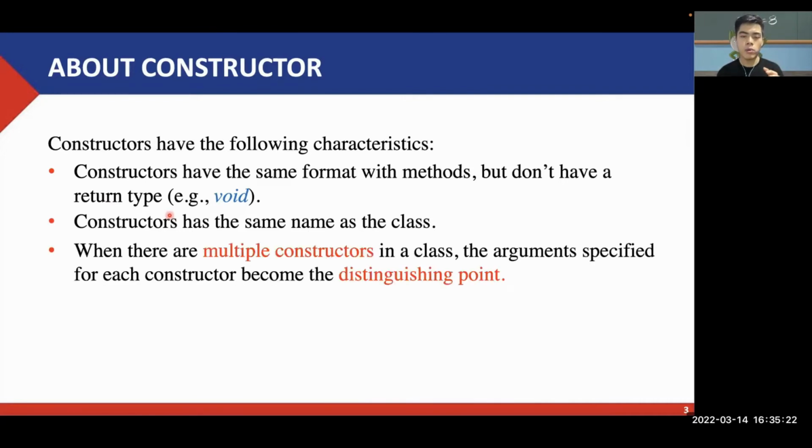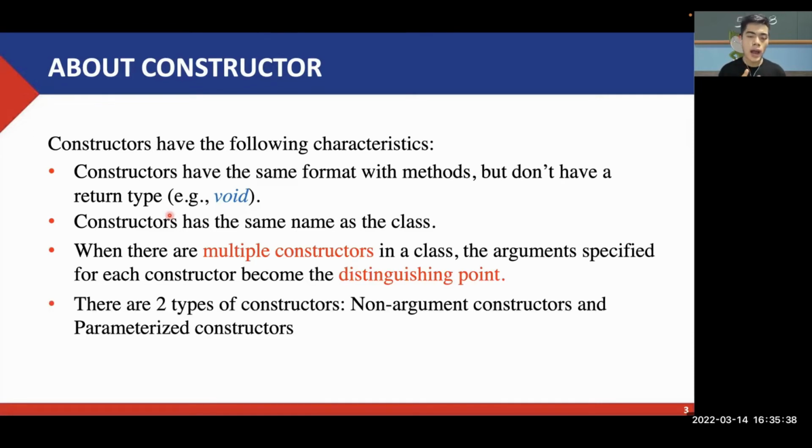When there are multiple constructors in a class, the arguments specified for each constructor become the distinguishing point. This is called constructor overloading, which I will introduce to you later. There are two types of constructors, non-argument and parameterized constructors.